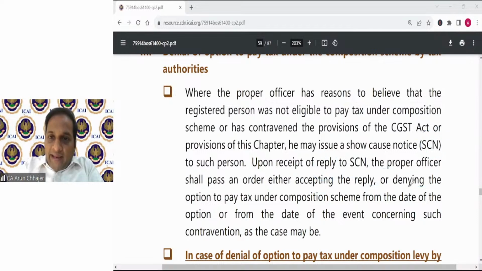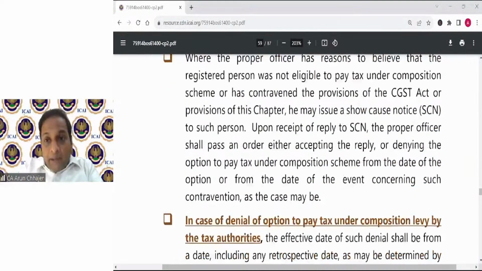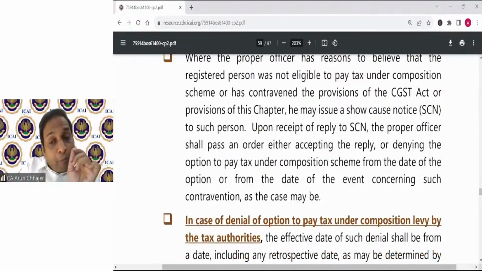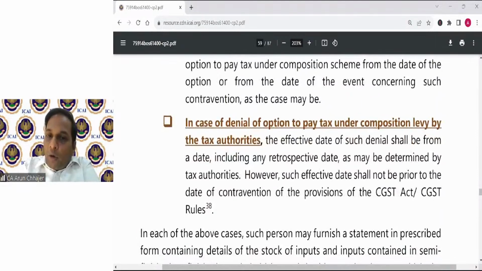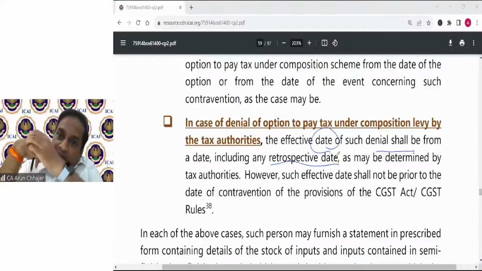So the officer will accept the reply, or he will reject the reply and deny the composition scheme. In case of denial of the option to pay tax under composition levy by the tax authority, the effective date of such denial shall be from the date including a retrospective date. It means they can even give the denial from a retrospective date also.